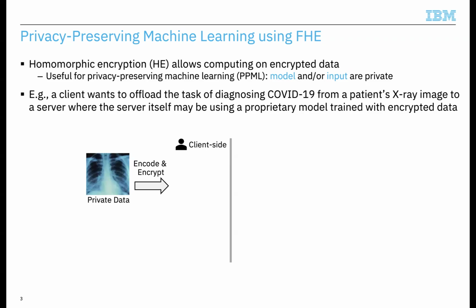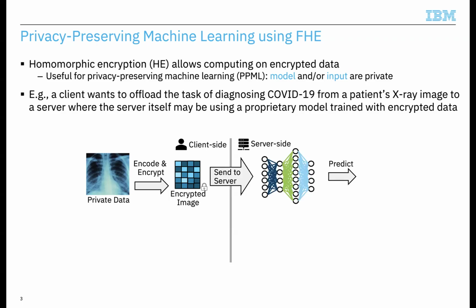So you have some private data. There's a first step called encode and encrypt, which encrypts the image. You send it over some trusted or untrusted transmission line over some protocol such as TLS. And on the server side, you would run a prediction, which in this case would be a neural network inference. And then the server produces an encrypted result.